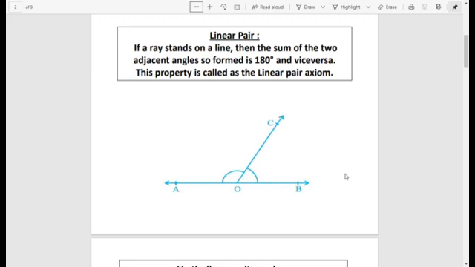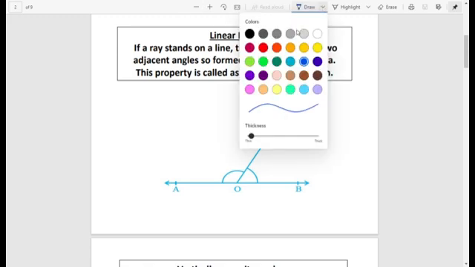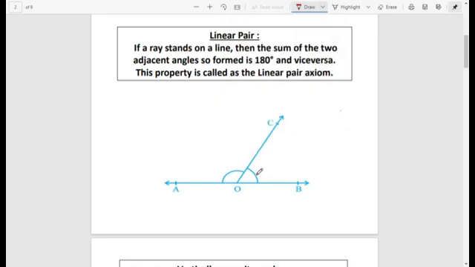AB is the straight line on which ray OC is there. So two adjacent angles are forming. Let me draw it. So this is angle 1 and this is angle 2.